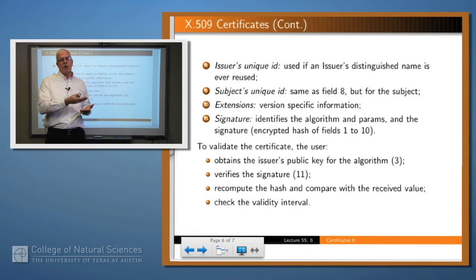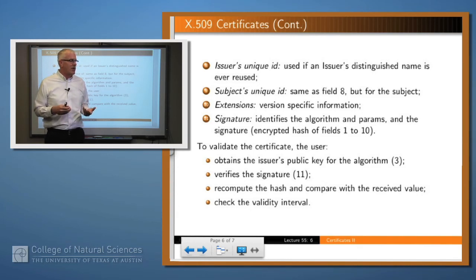You take all those previous 10 fields, hash them all together, and then sign that with the issuer's private key. Okay, so then how does a person seeing one of these certificates validate it? Well, they obtain the issuer's public key, the appropriate key for this algorithm type, and they get that from field number 3.